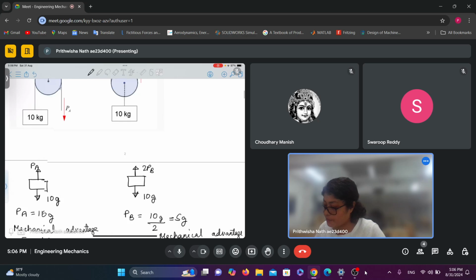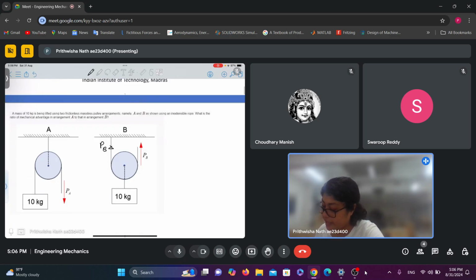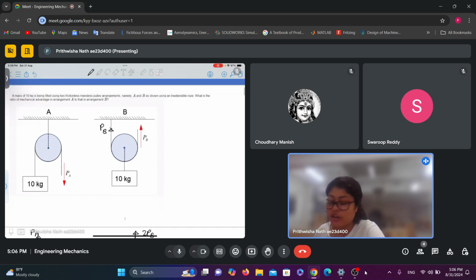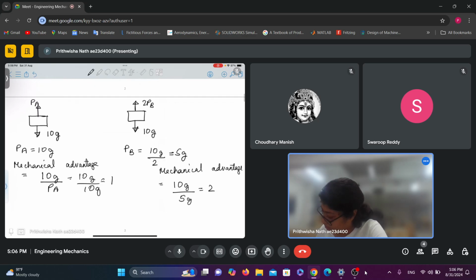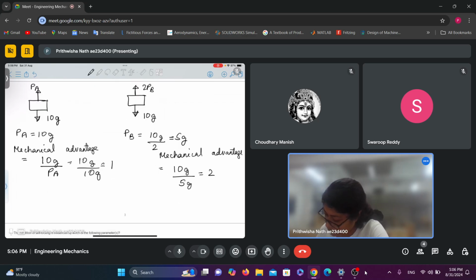Now in the question, we are asked to find the ratio of the mechanical advantage in arrangement A to that of arrangement B. So the ratio will be 1 by 2, that is 0.5.